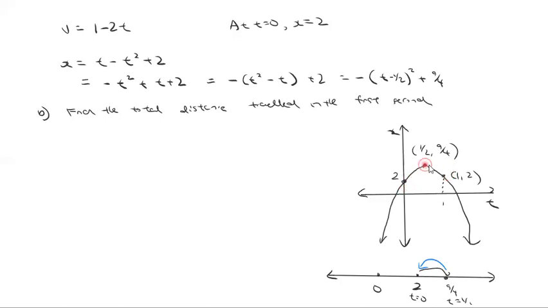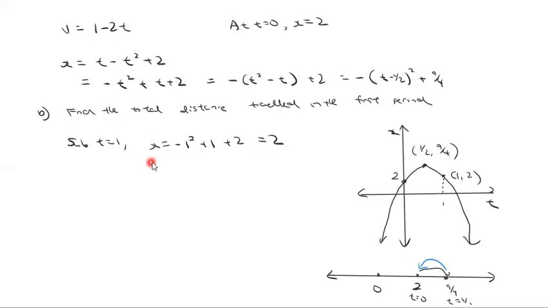What many students might have done for this question is go, you know what, first second, I'll just sub t equals 1. If we do that, we will find that x equals -1 squared plus 1 plus 2, which is just 2. But that's displacement.